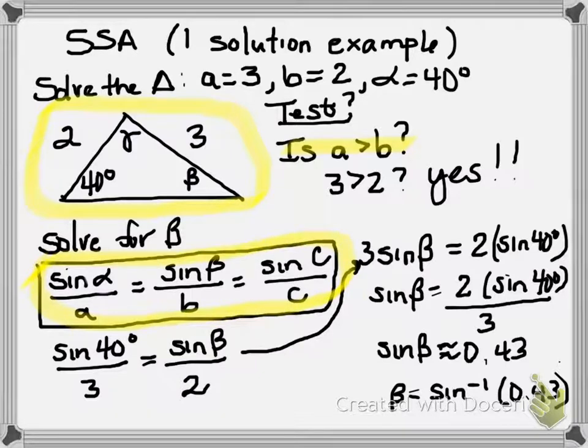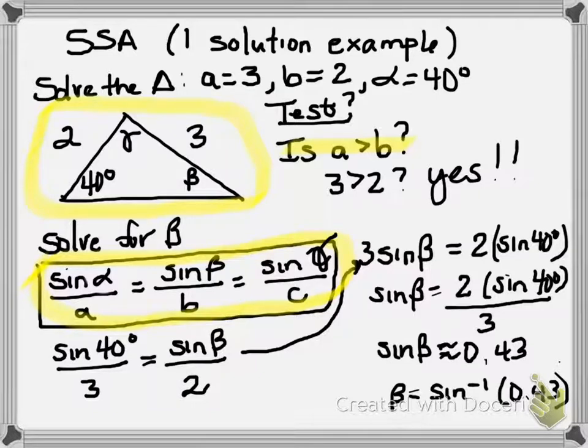Once again, my formula for the law of sines: sine alpha divided by A equals sine beta divided by B equals sine of gamma divided by C. Now I set up sine of 40 degrees over 3, because those two values, alpha and A, are given to me, is equal to the sine of beta divided by 2.